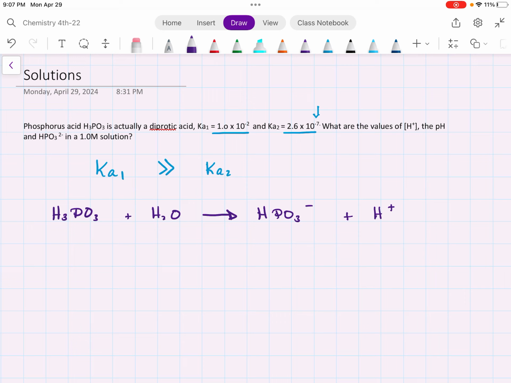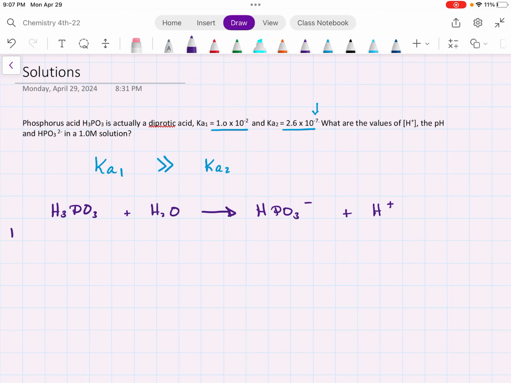Okay, so here's where we're at. We know that we're in a 1 molar solution, so again, we're going to do our ICE chart. Let's go ahead and plug in our numbers. The initial concentration right here is going to be 1.0 molar. We're going to leave the water alone. And then here is going to be 0.0 and 0.0.